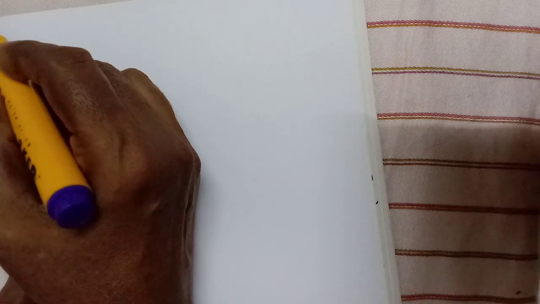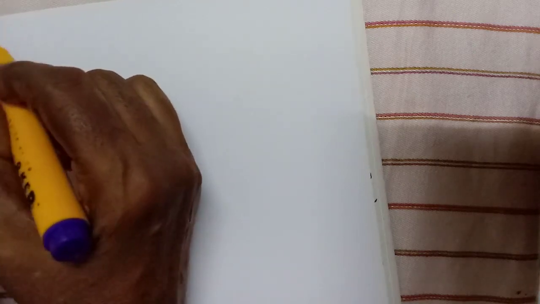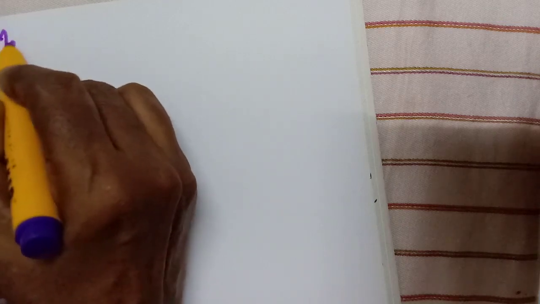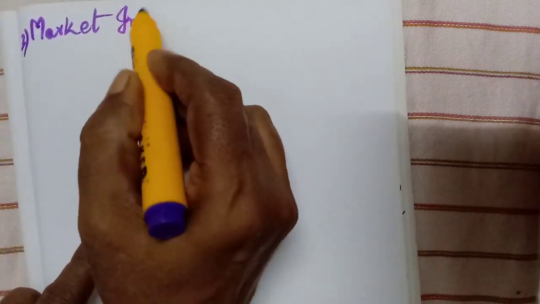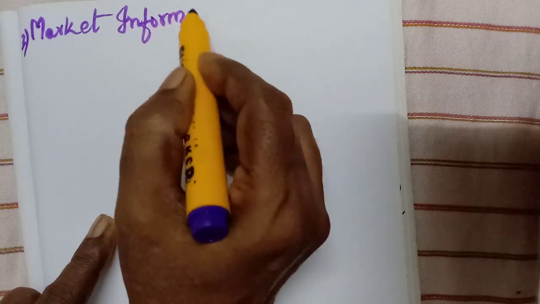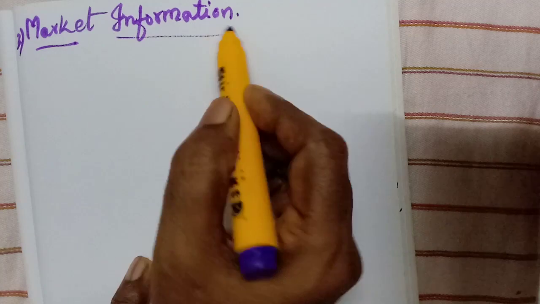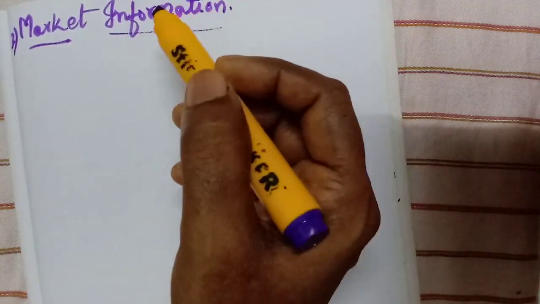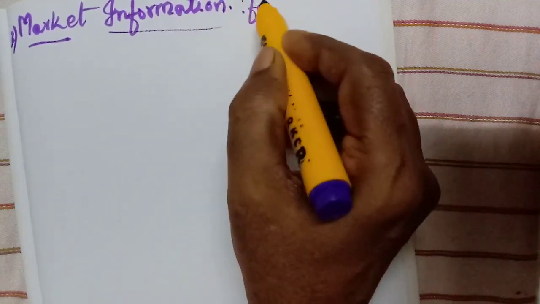Then another facilitating function, market information. The marketer must know the information of the market, all the facts related to the products.